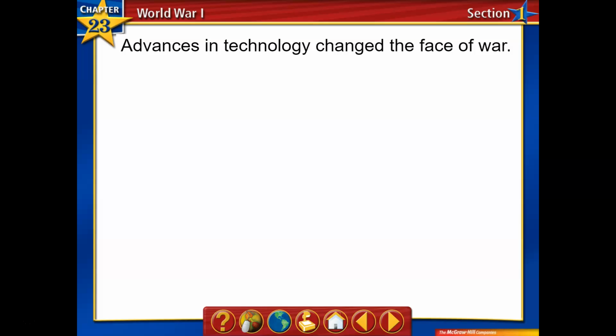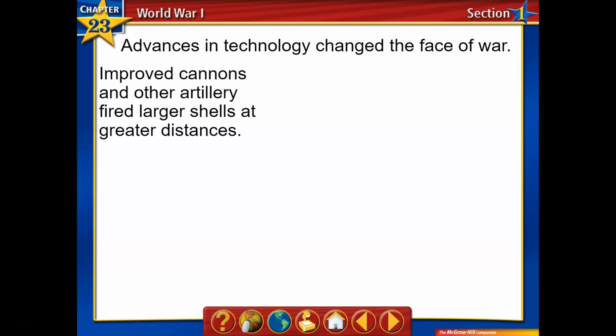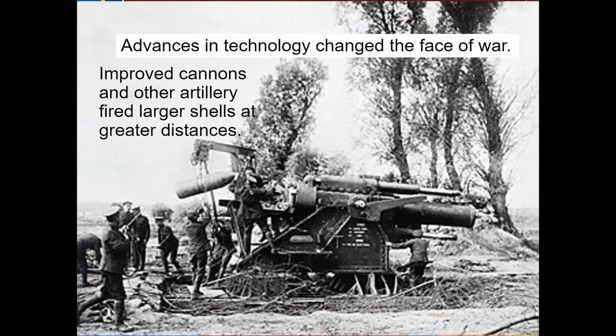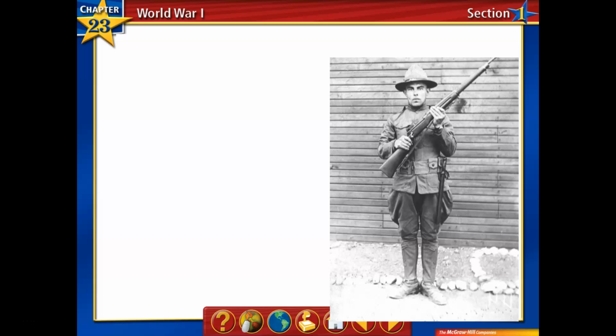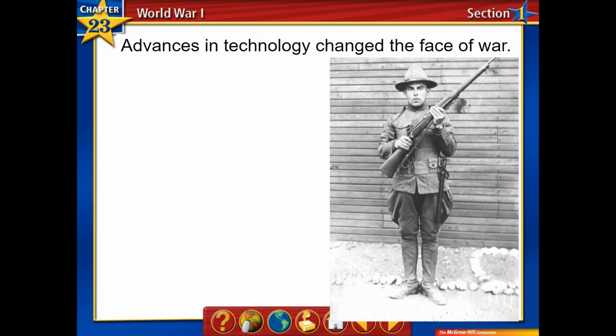So technology really forces a massive change in how this war is fought. You're going to see improved cannons, and other artillery is going to be able to fire large shells, greater distances, certainly much longer range.